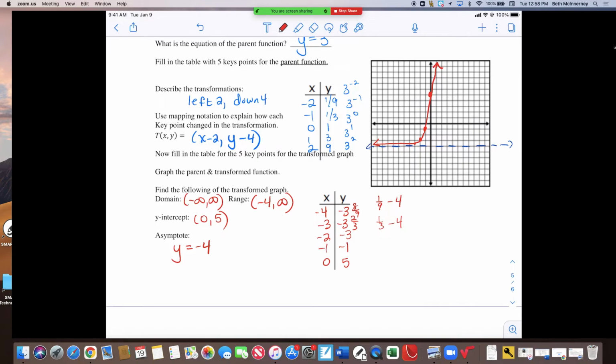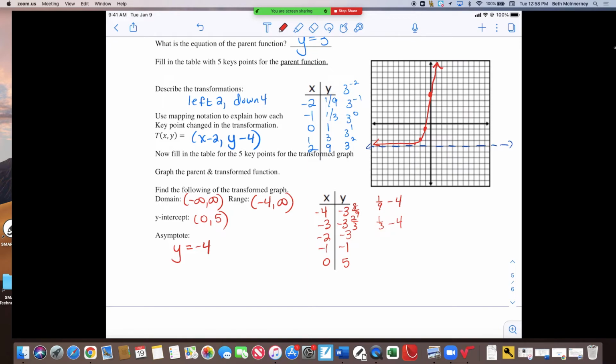Can anybody think of a transformation that might make our range change from that horizontal asymptote up? What kind of transformation might change it so that it isn't going up? Any ideas?